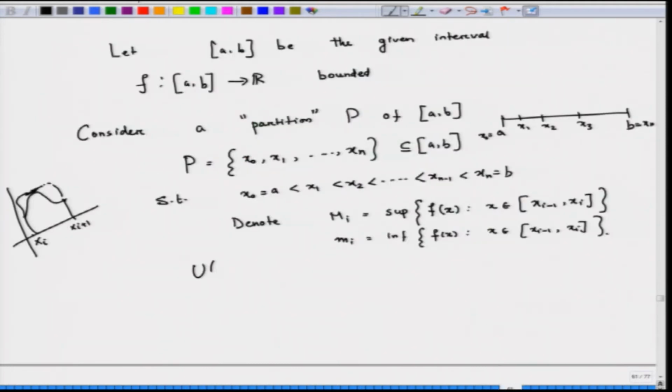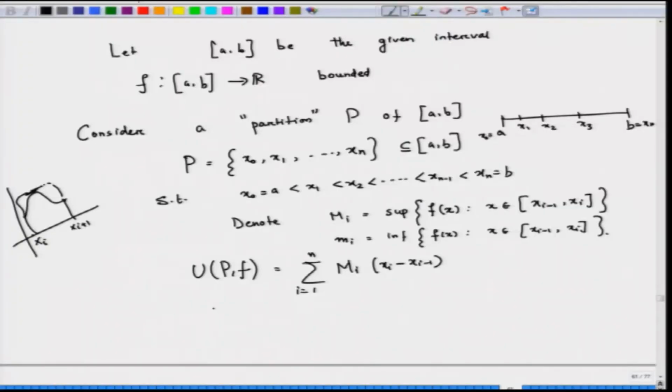So we denote U of P, f as the summation of M i times x i minus x i minus 1. For each rectangle in the green, this is the area. Now we are taking the sum of all these rectangles, and call it U P f. It depends on which particular partition we are choosing.